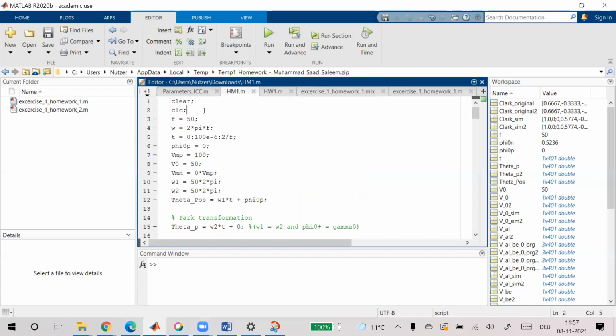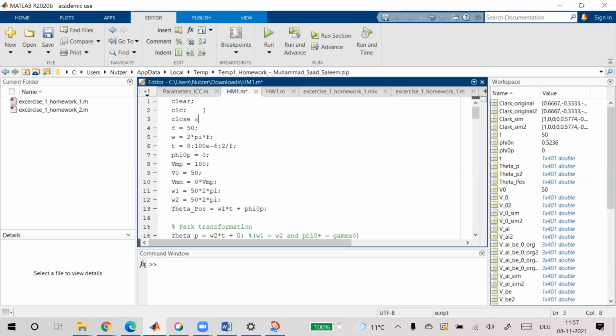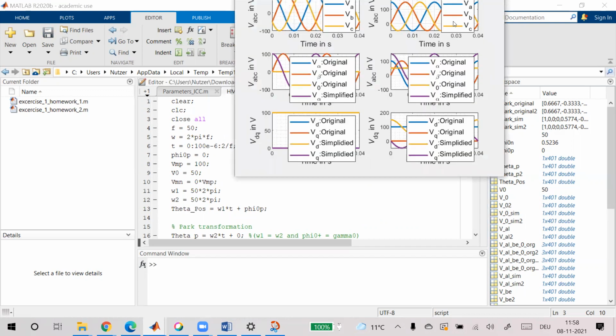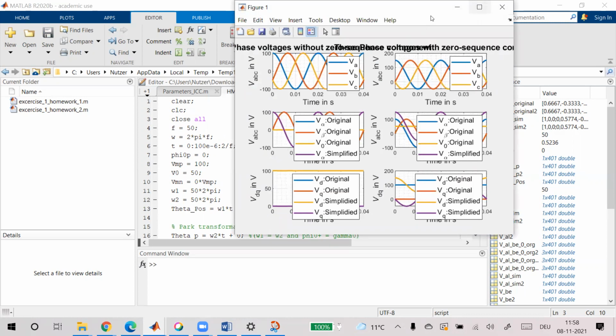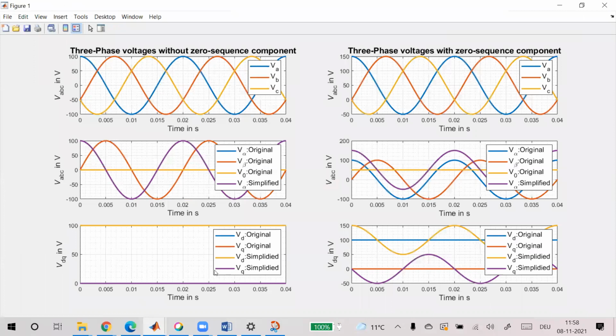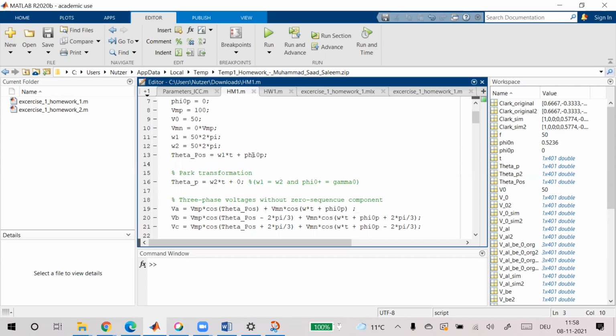If you do not want images to come again and again, you can do close all. It will close all the images. So you see the DC value, and you see 100 in the D component and 0 in the Q. It is because your phase angles are the same, like this gamma naught is 0.